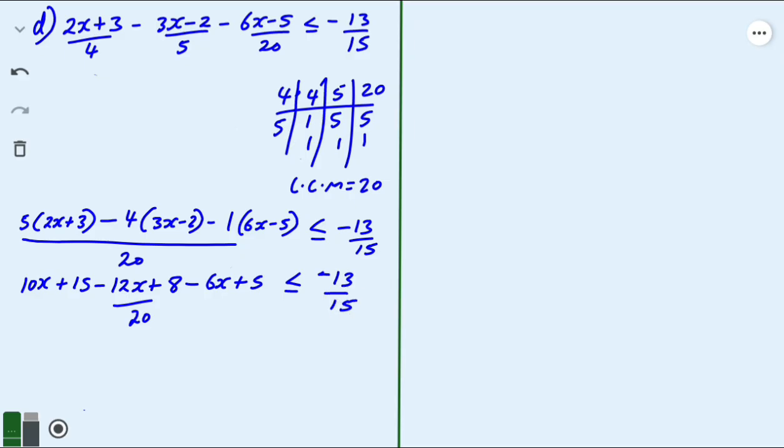Now the next thing we need to do is to cross multiply. And when we cross multiply, we are going to be multiplying all the terms here by 15. That is 15 open bracket 10x plus 15 minus 12x plus 8 minus 6x plus 5 close the bracket less than or equals to minus 13 times 20.